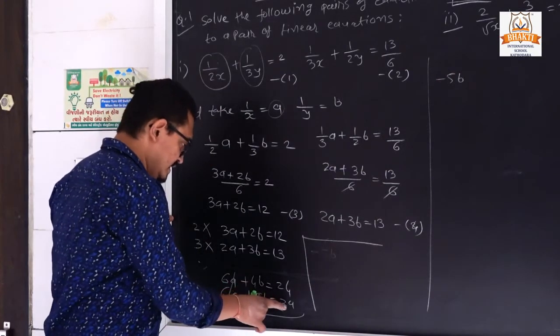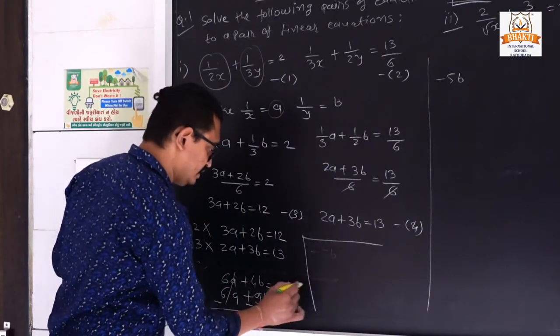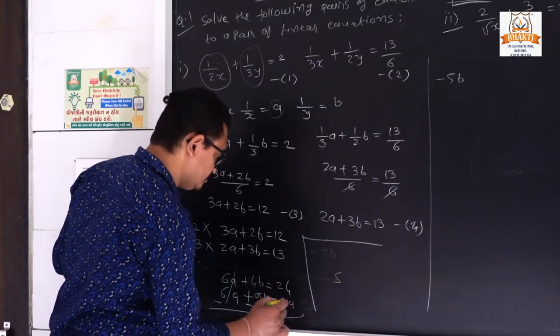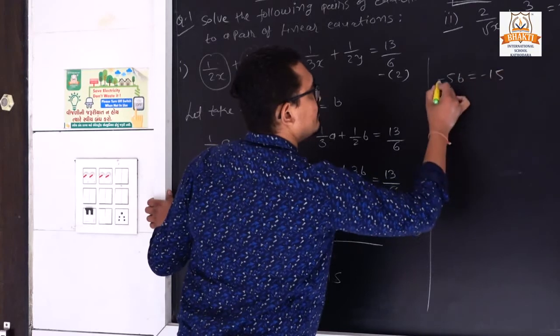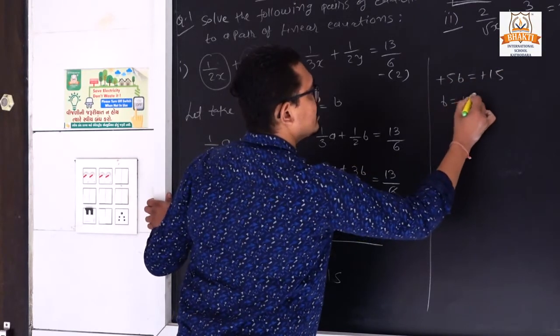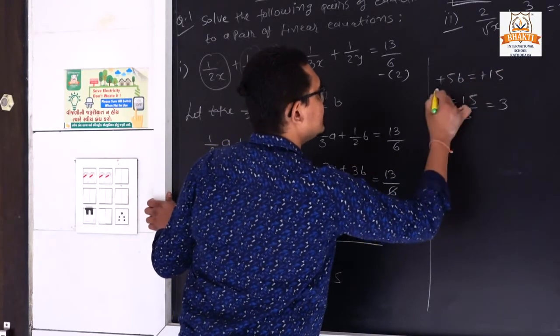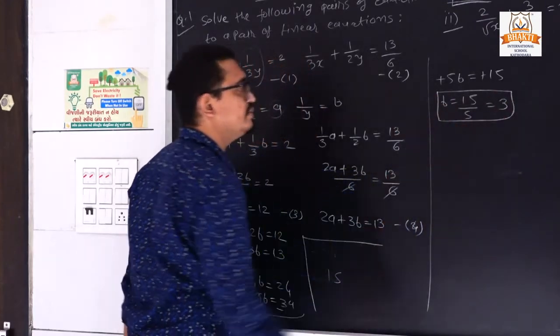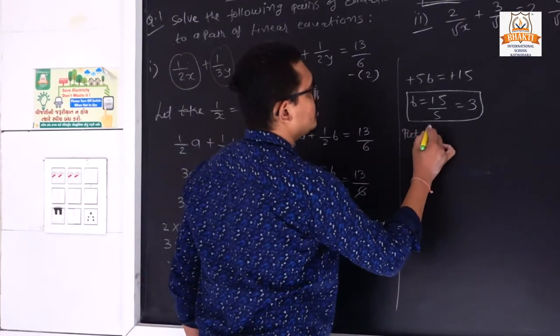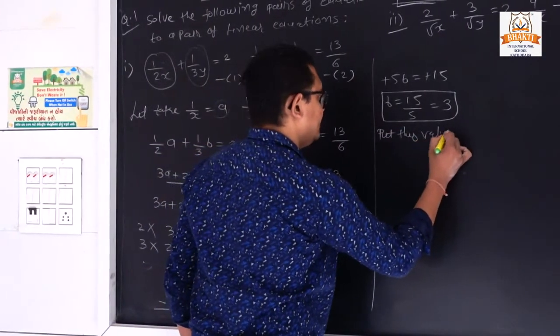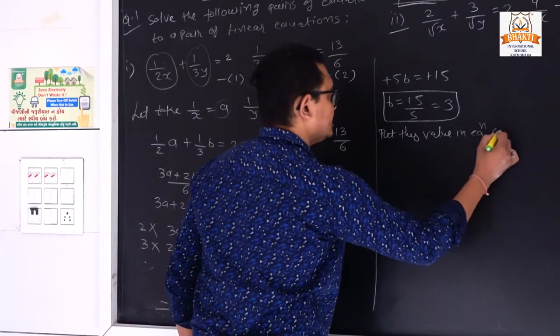Then 39 minus 24: 9 minus 4 is 5, 3 minus 2 is 1, so it is 15. So minus 5b is equal to minus 15. Minus minus is plus. So b is equal to 15 divided by 5, so it is 3. So what is the value of b? It is 3.